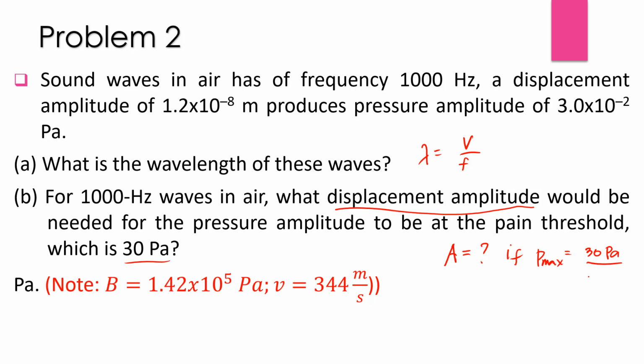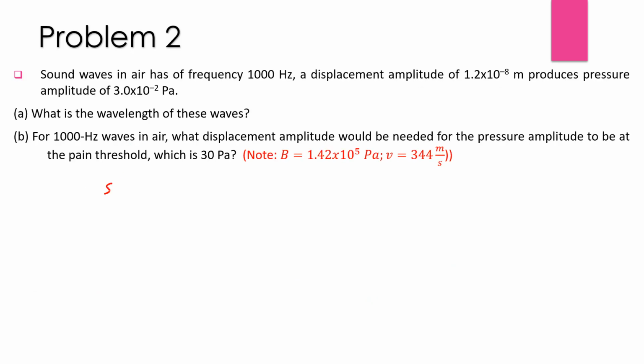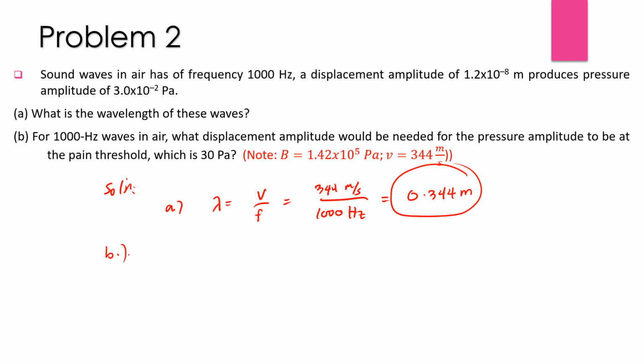Solution, letter A: lambda is just equal to v over f, which is 344 meters per second over the frequency of 1000 hertz. So lambda, the wavelength, is equal to 0.344 meters.